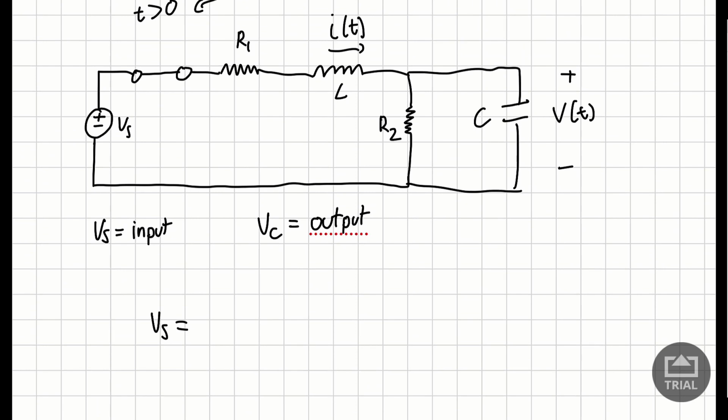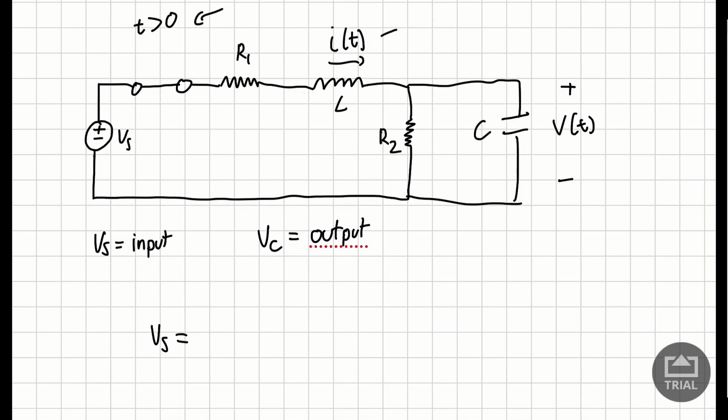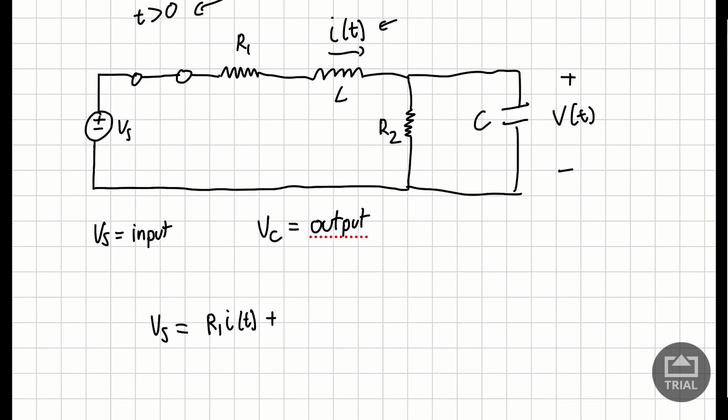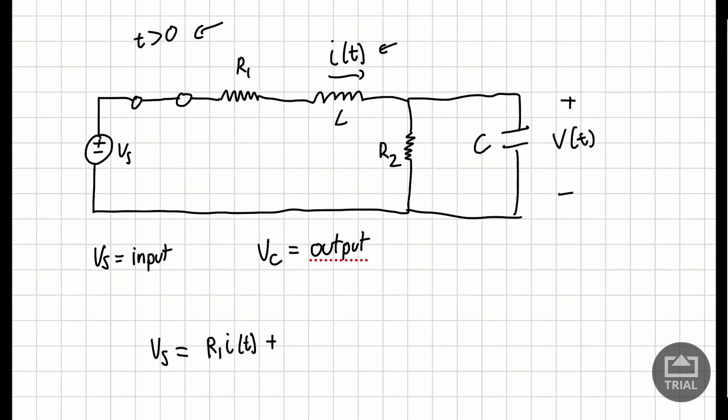The first resistor multiplied by the current, which is I of t, gives the voltage drop across that resistor. So we have R1 I of t, plus the voltage drop across that inductor, which we can represent as L times the derivative of the current over dt.